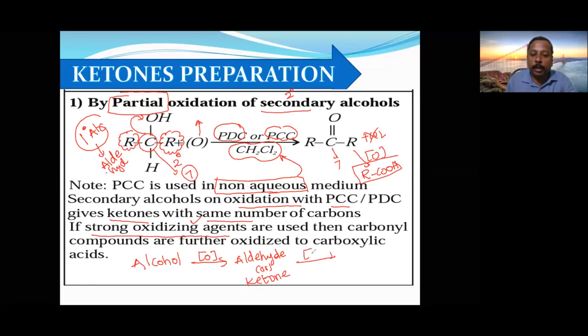But with one more partial oxidation, it will give you the carboxylic acid. So either two partial oxidations or one strong oxidation will give you the carboxylic acid.